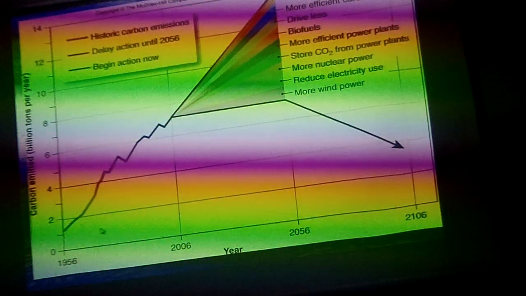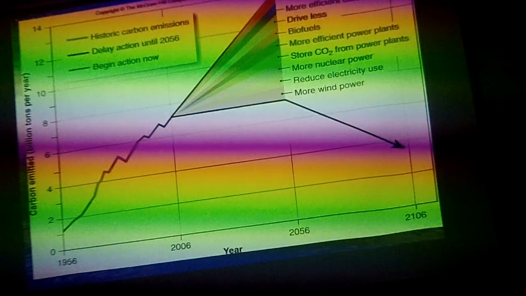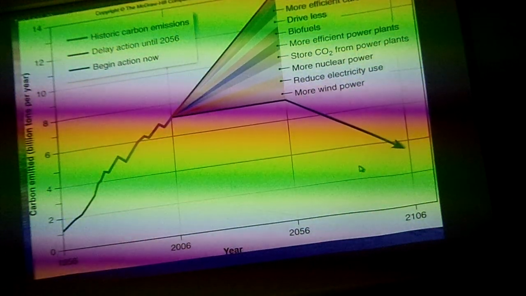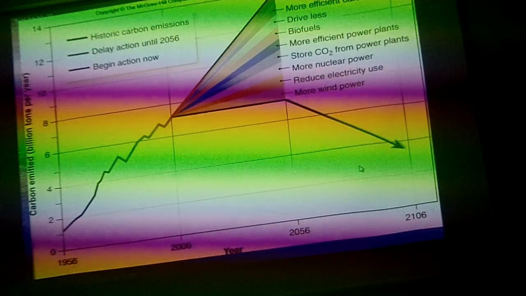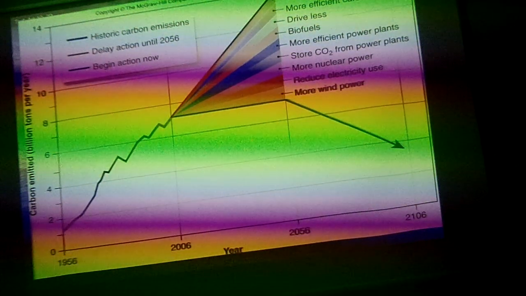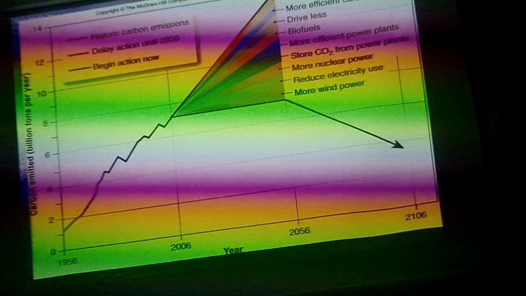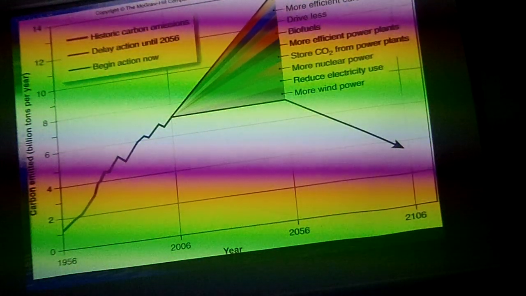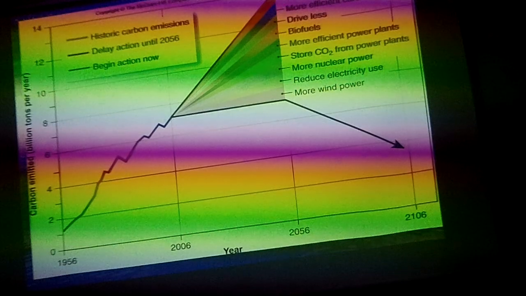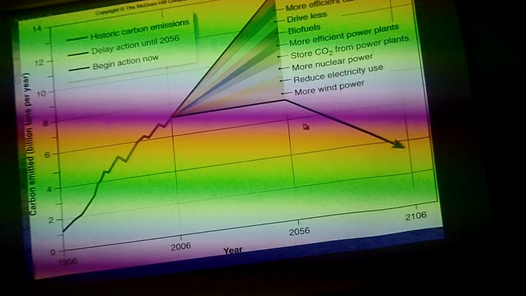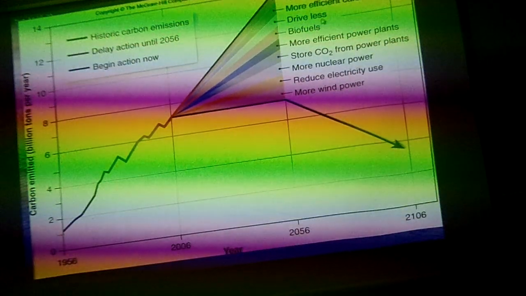And so here is some of the things, for instance, that could be done to lower the carbon dioxide levels. I mean, let's face it, we're not all going to start living without our cars and without our air conditioning. That's unrealistic to ask people to do that. So what can be done? Well, here's some of the things.